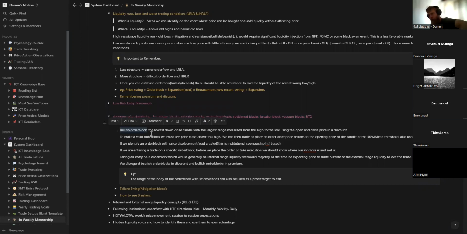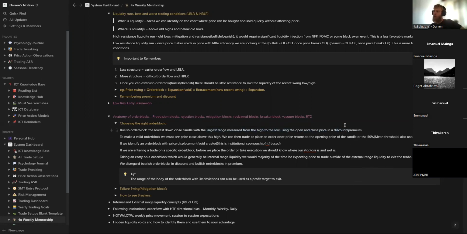Like we said, I'm not showing you exactly what it is, but first we say, for example, a bullish order block: the lowest down close candle with the largest range measured from the high to the low using the open and closing price. Obviously in a discount if it's a bullish order block, and in a premium if it's a sell setup.